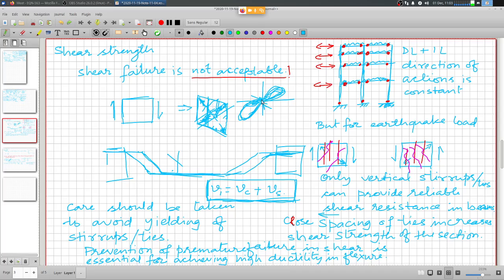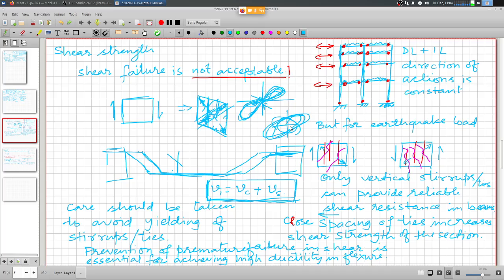Instead, if you see the hysteresis of a well designed specimen, the hysteresis would continue to absorb energy, but in case the stirrups yield, then they lose this crucial energy dissipation capacity, and you will get a pinching effect in the hysteresis curves, and obviously the energy dissipation capacity of the section is severely compromised.